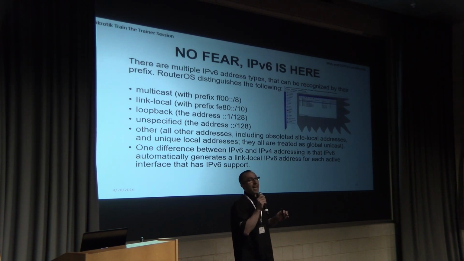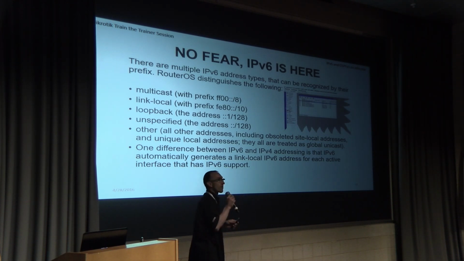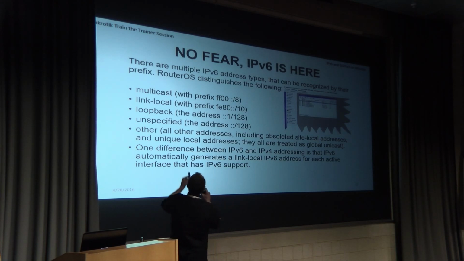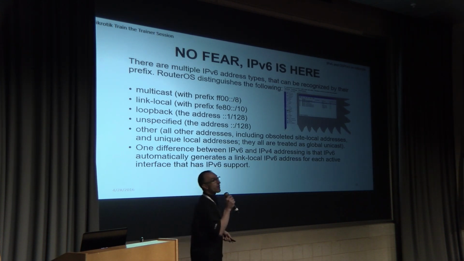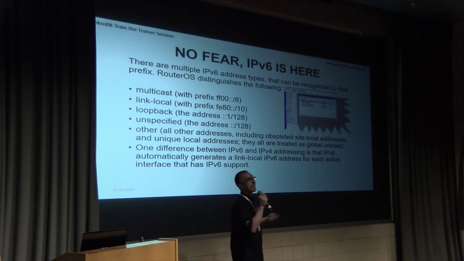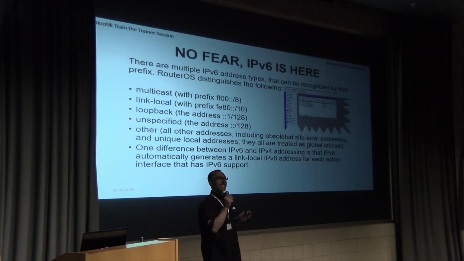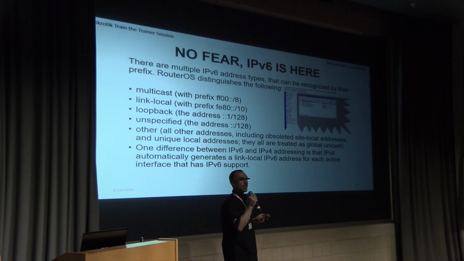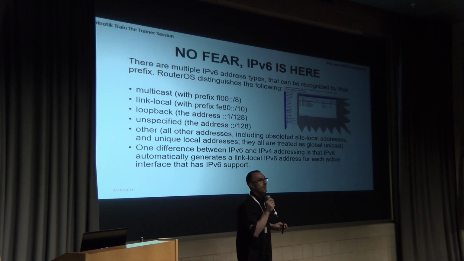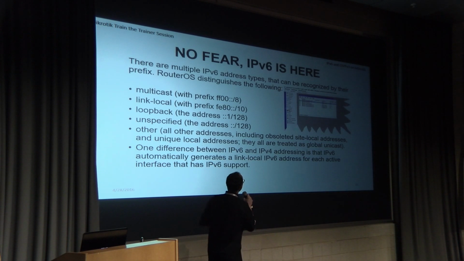When I say all, I don't mean all of them, because there are prefixes like the loopback interface or the link-local address, FE80, which is not routable. You cannot route that address to the public internet. All devices on MikroTik, when they are active, will have one of those addresses assigned automatically. It cannot be disabled, removed, or even changed.